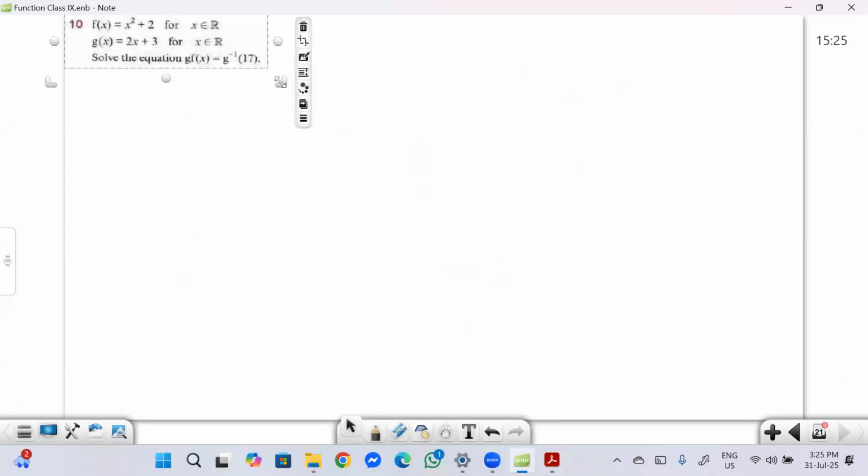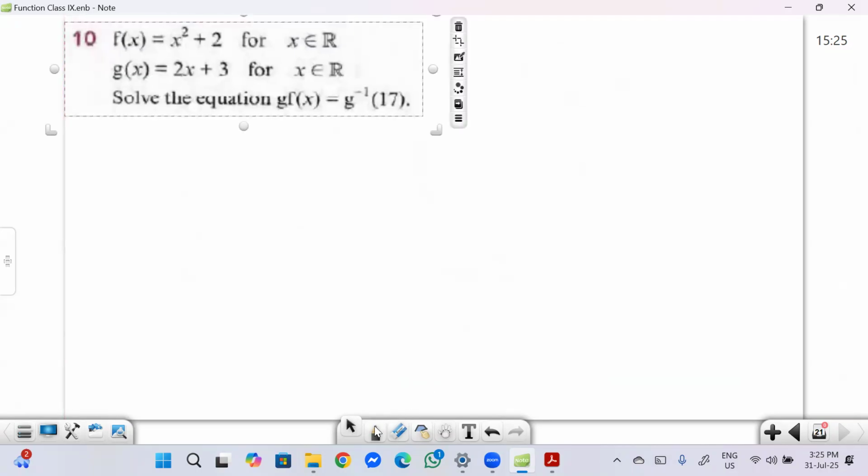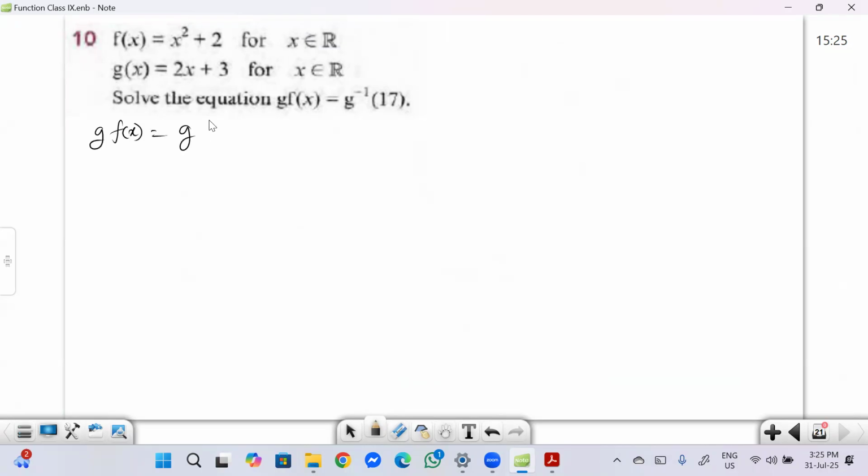Let's see the two things they ask us to do, the equation that they want us to solve. All of them are solvable. So f of x is given, g of x is given, and we need to find at first g of f of x, which means you are putting f of x as input for g.